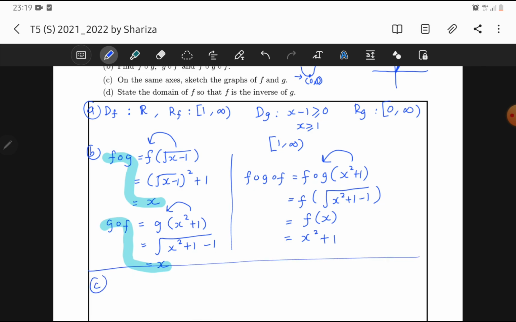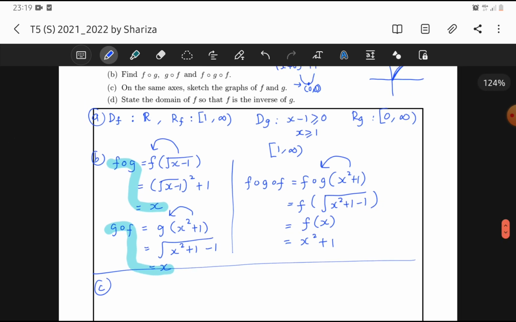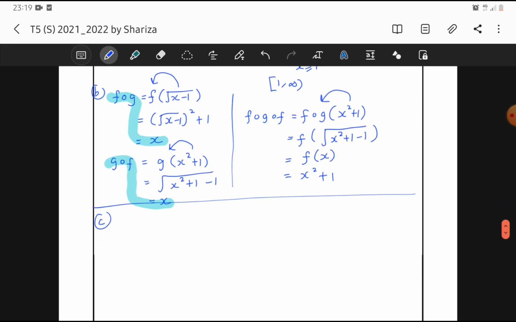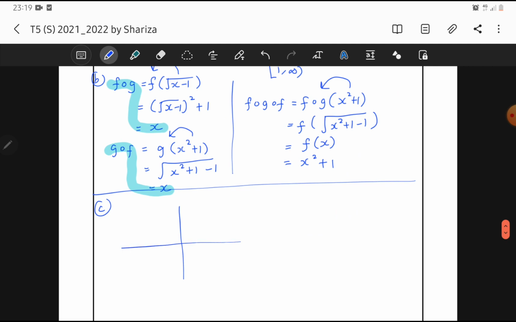Part C, on the same axis, sketch the graph of f and g. Okay, graf f kita adalah kuadratik x squared plus 1. So, x squared plus 1, kalau x squared, dia kat sini kan? So, ini graf x squared. Tapi kita nak x squared plus 1. Meaning that we need to shift the graph 1 unit up.